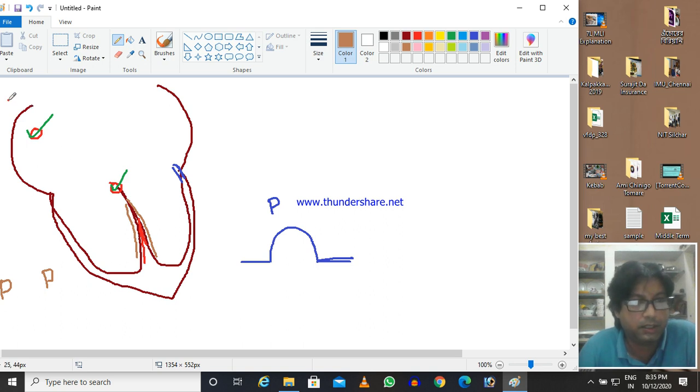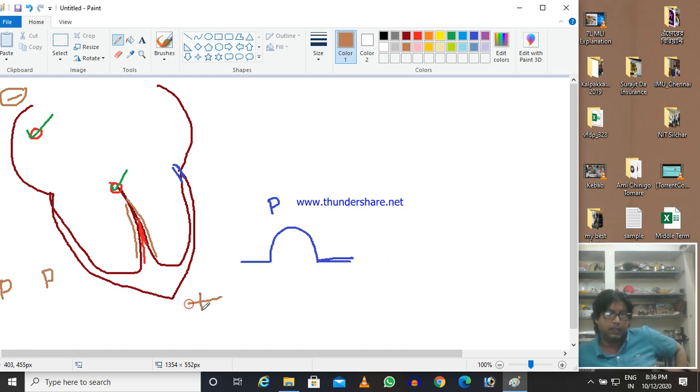The superior part of the heart is basically the negative electrode, and at the inferior part of the heart, in ECG, we normally put the positive electrode.